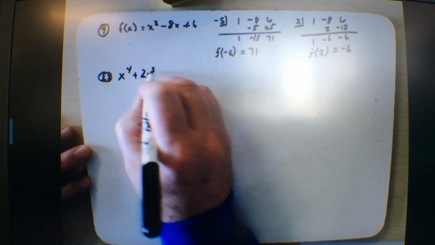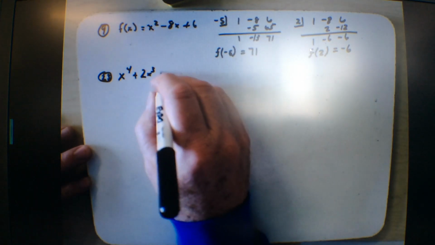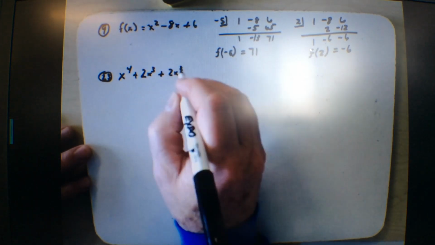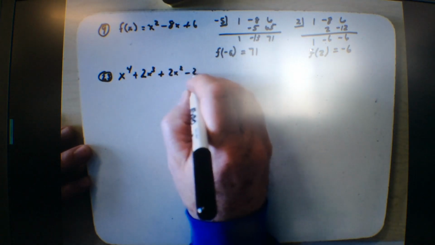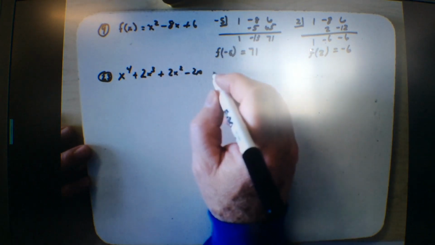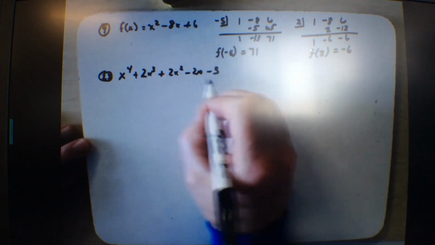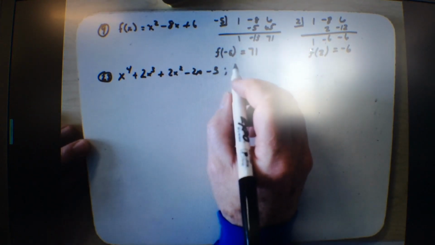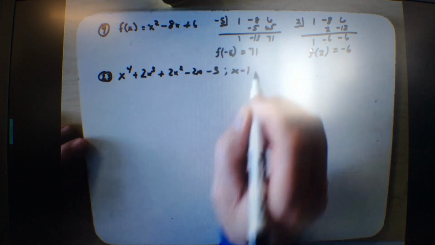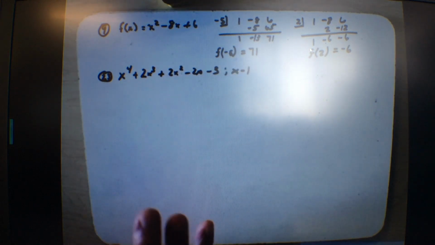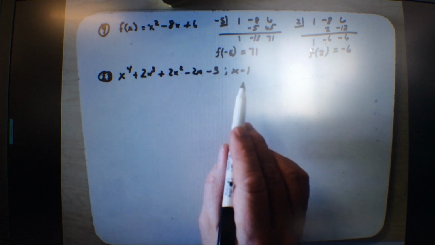It's kind of a pain. Here's the factor, correct? And we want to know the other factors that go into it besides x minus 1.